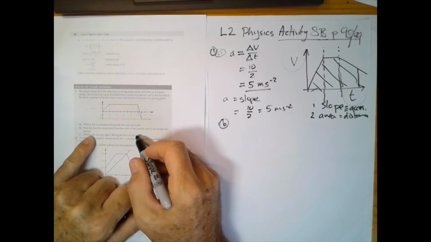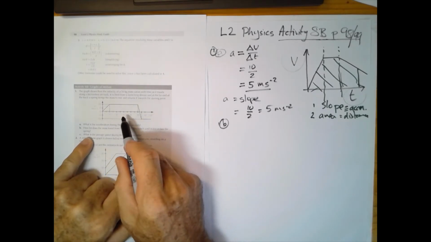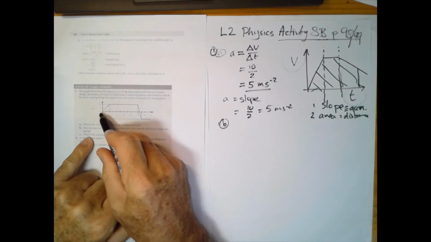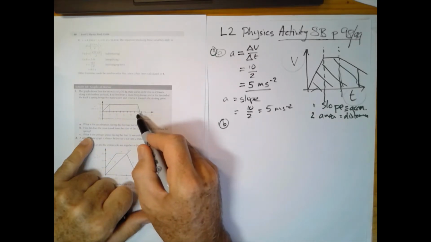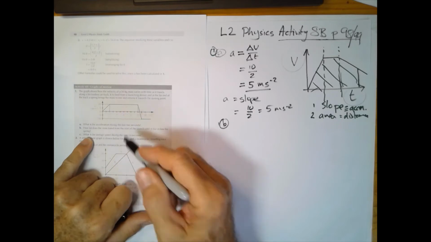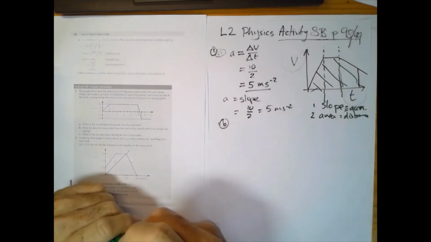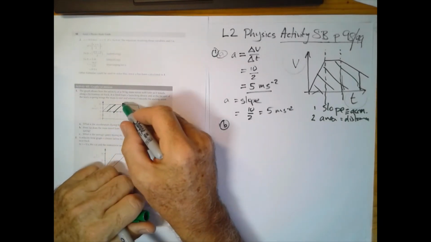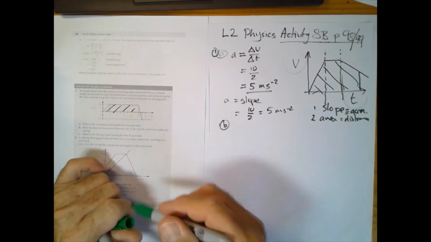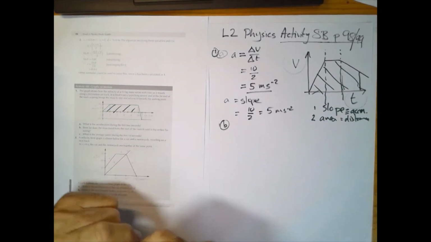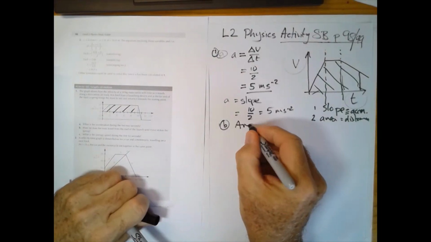So the question is, how far does the mass travel from where it starts to when it hits the spring at this point. So we want to find out how far this went in this amount of time. We need to find the area under the graph.